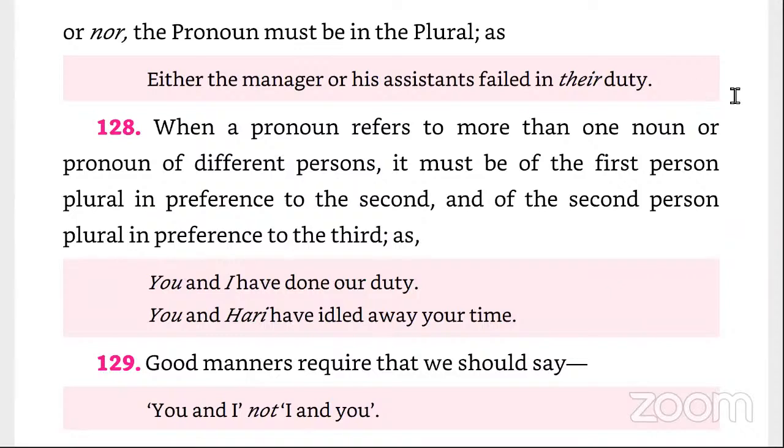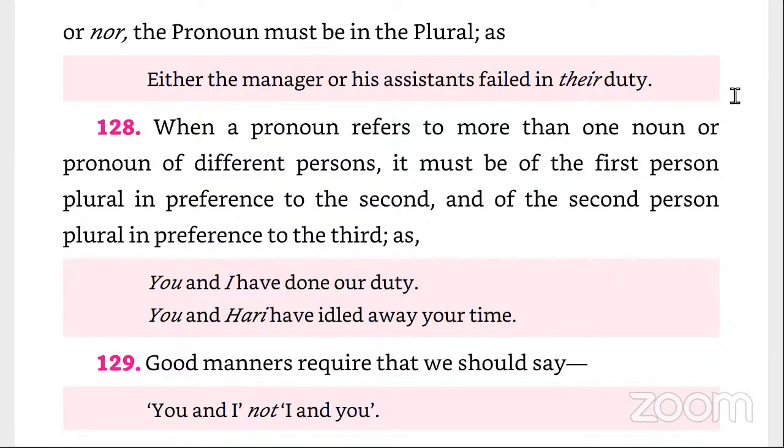When a pronoun refers to more than one noun or pronoun of different persons, it must be of first person plural in preference to second, and of second person plural in preference to third.